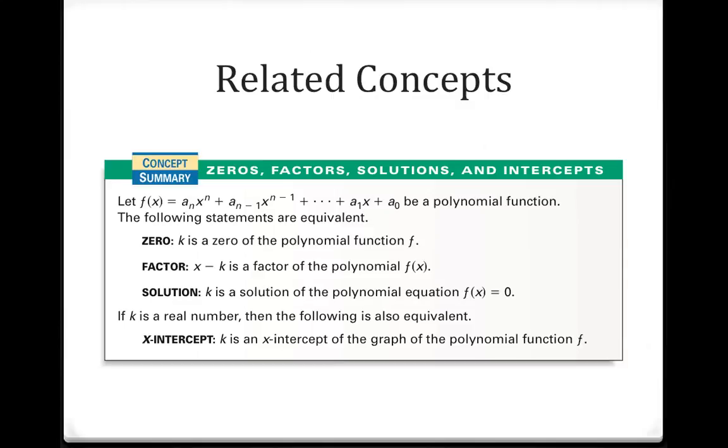Now, one of the things we need to understand, we throw a lot of these words around: the zero, the factor, the solution, the x-intercept, and it may seem like because we're using different words, we're talking about different things. And to some extent we are. But we also need to realize that all of these things are interconnected with each other, and so they're very, very similar, along with being slightly different.